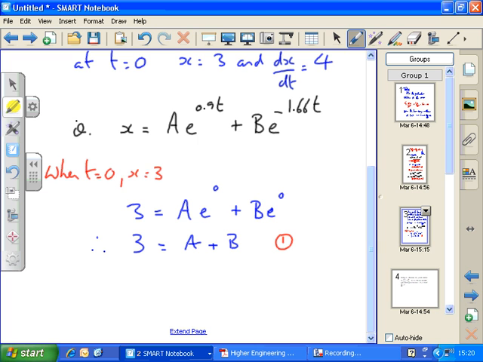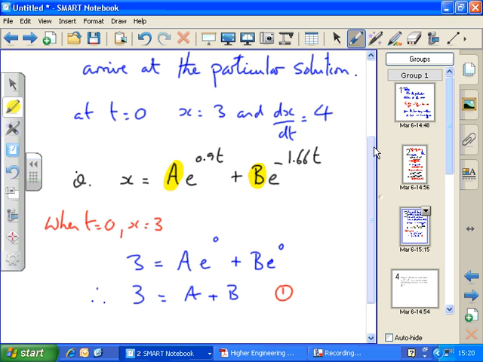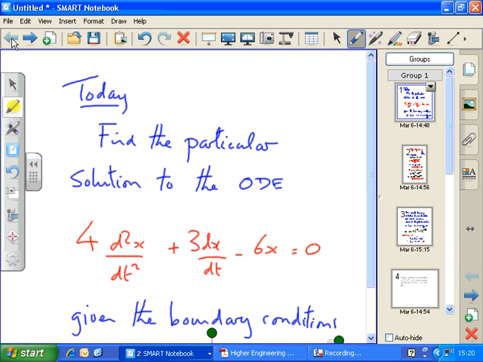If I have two constants, which I have in this case, a and b, I need two sets of initial or boundary conditions to be able to find them. And in this case, I've got two conditions. One, when t equals 0, x equals 3, and two, when t equals 0, dx by dt equals 4. So I can use those two.